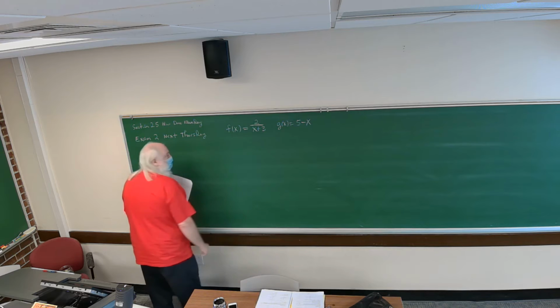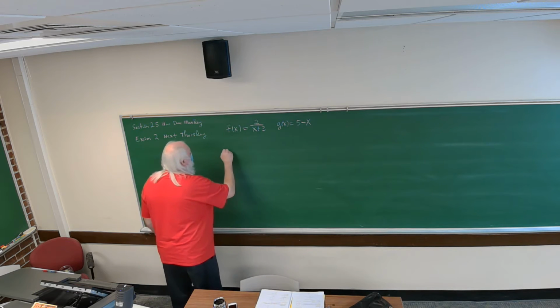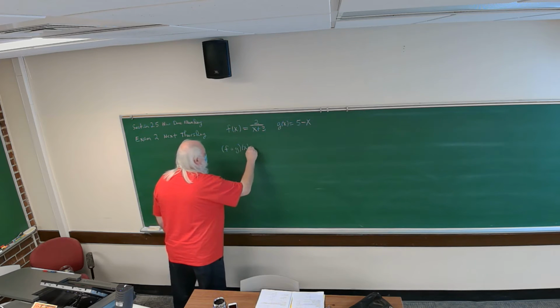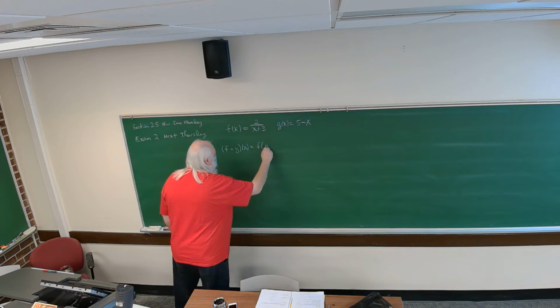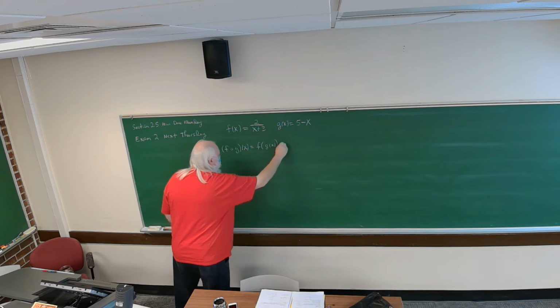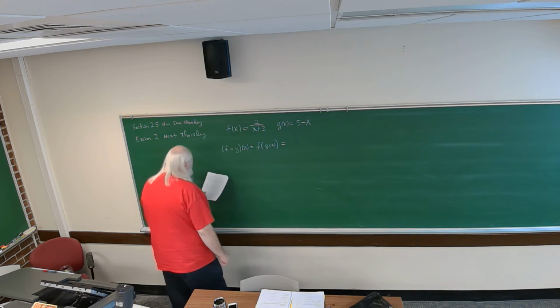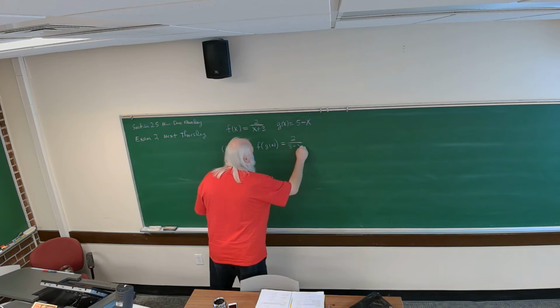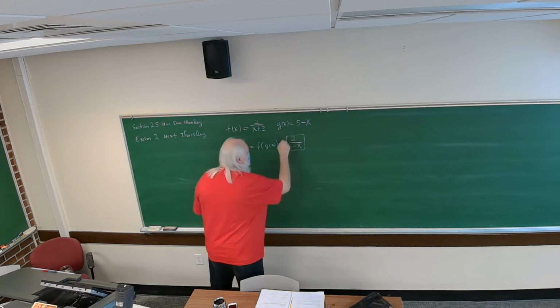And so we did A. We found the composition between f and g as a function of x, and we showed that that is equal to 2 over 8 minus x. Okay.